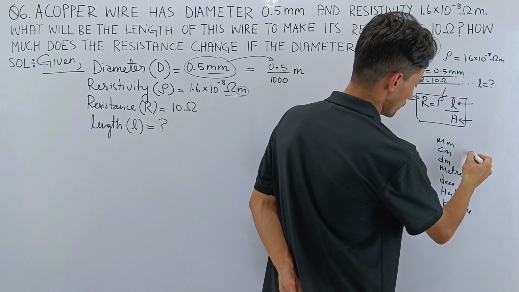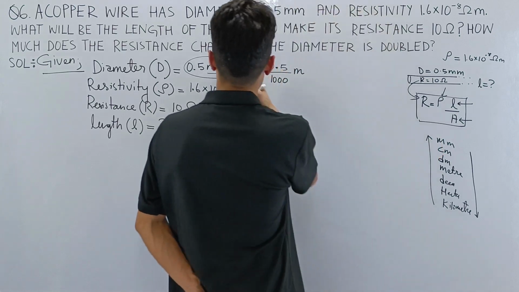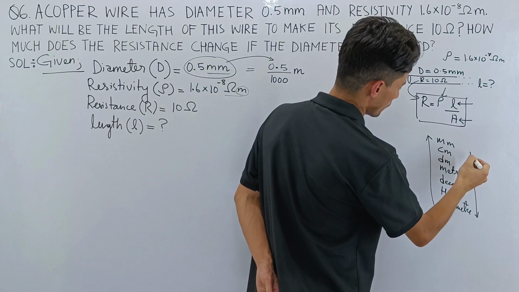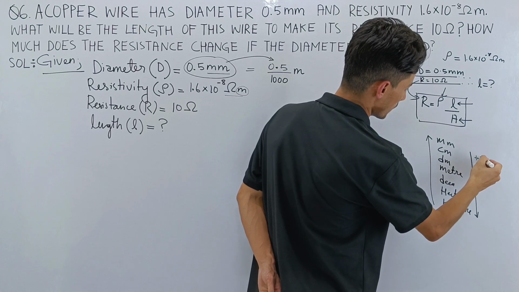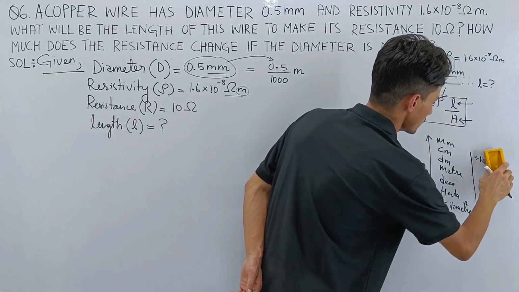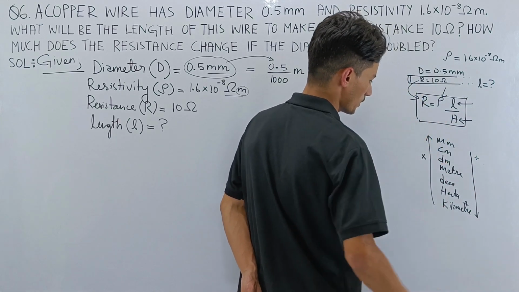You either go down or you go up. Now this is from millimeter to meter, so you are going down. When you are going down, for each step it's division by 10. Just remember it's division only. And when you're going up, it's multiplication.